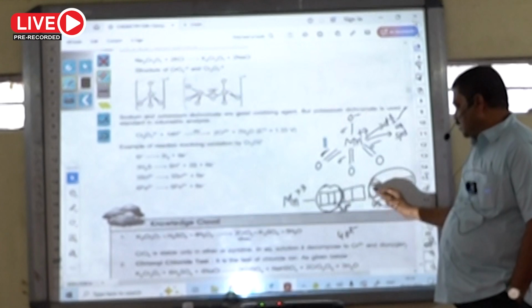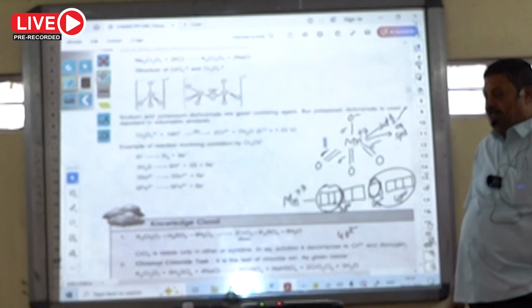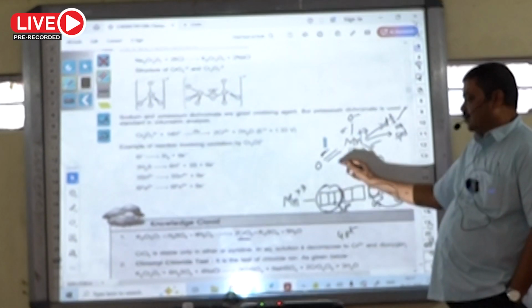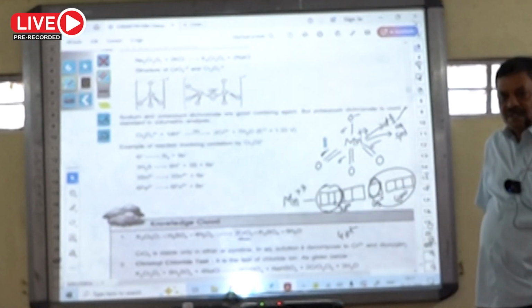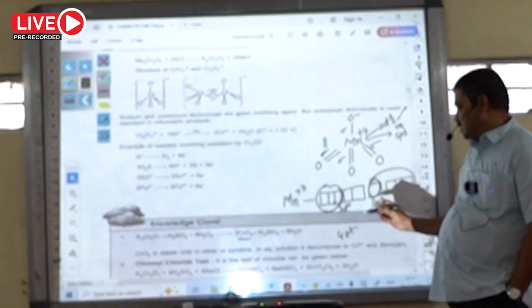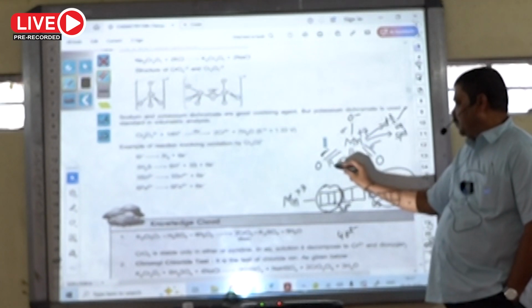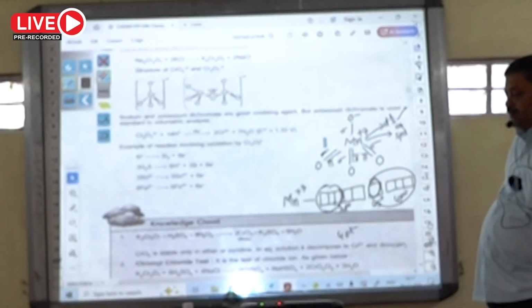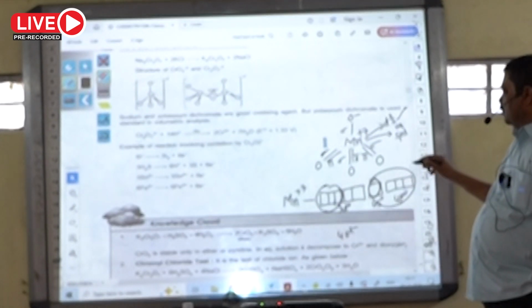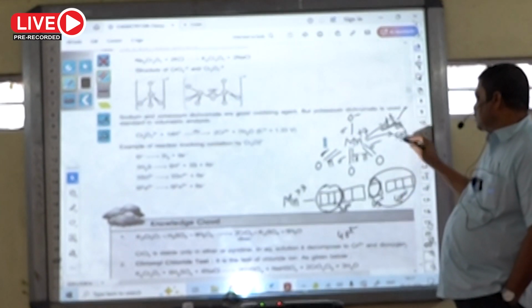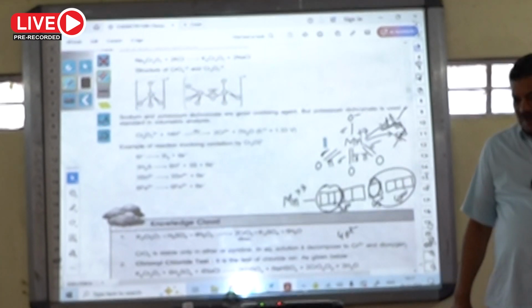These 3 d orbitals and 1 s orbital mix with each other, forming 4 hybrid orbitals. That's why 4 sigma bonds are formed. Sigma bonds are formed by hybrid orbitals only. Pi bonds are formed by pure orbitals. So the remaining 3 pi bonds are formed by pure orbitals of oxygen. So actually this much is not required, just for MnO4 minus, the manganese hybridization is d3s but not sp3. That point only you have to know.